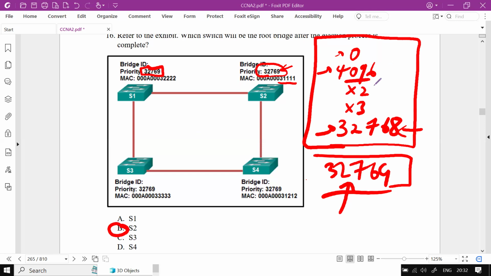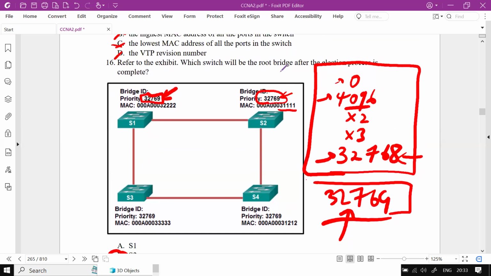From 4096 we have 8 times 4096. Those are values of bridge priorities. But when you go to some of my values, we have 32769. Why? Did you not ask yourselves why? You should have. I once asked myself, I once saw it written somewhere but now I'm forgetting what it said.